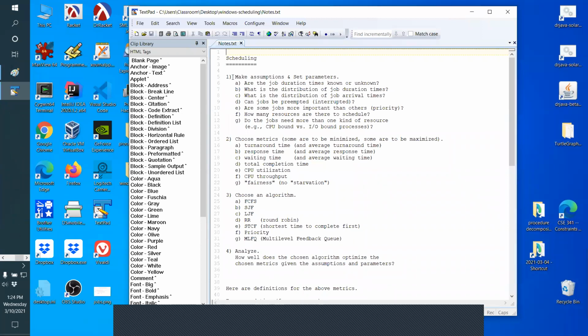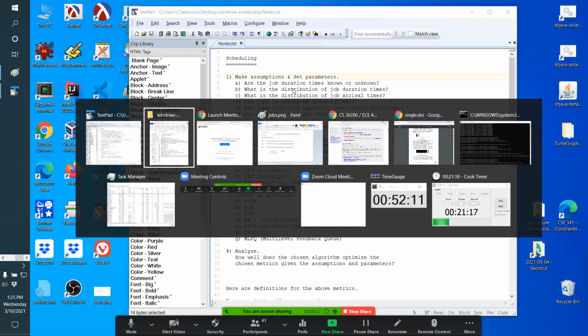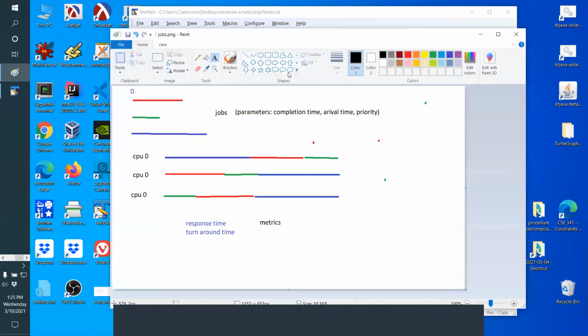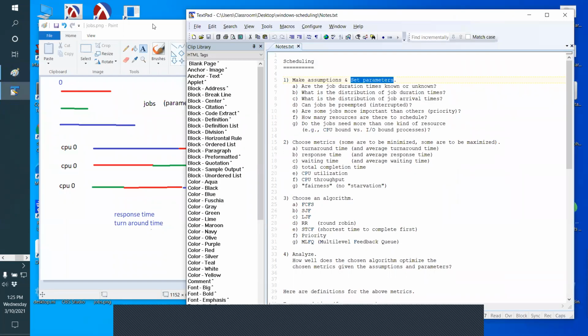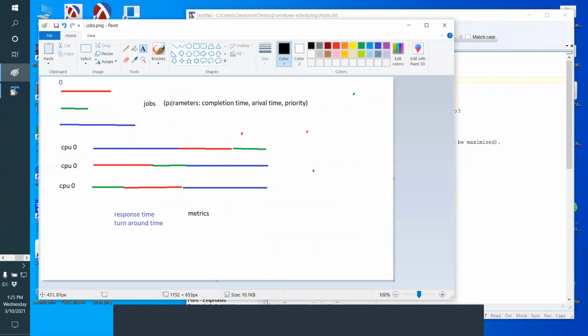We're going to think of scheduling as making assumptions about our jobs, and we're going to set what parameters the jobs can have. In terms of this picture, we'll play a game where we choose different sets of parameters.